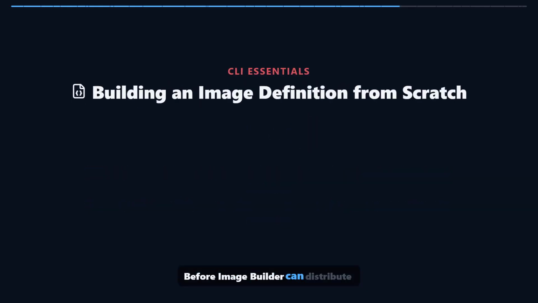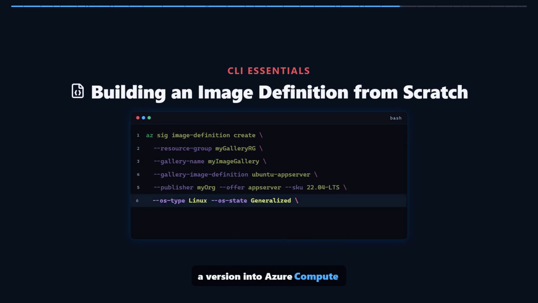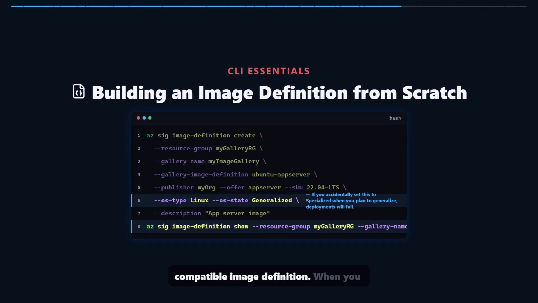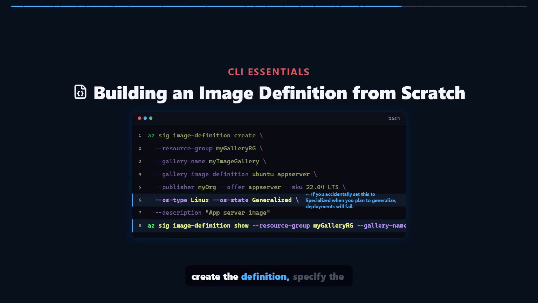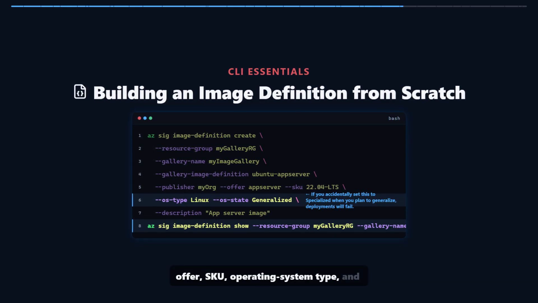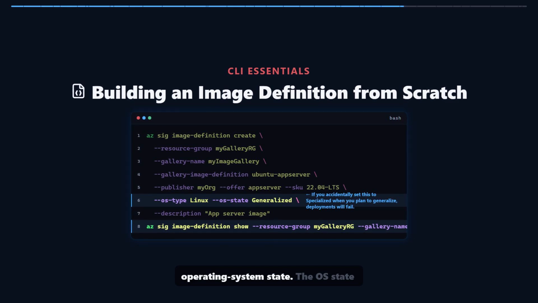Before Image Builder can distribute a version into Azure Compute Gallery, the gallery needs a compatible image definition. When you create the definition, specify the gallery name, definition name, publisher, offer, SKU, operating system type, and operating system state.